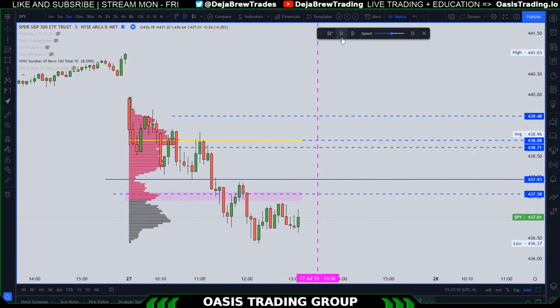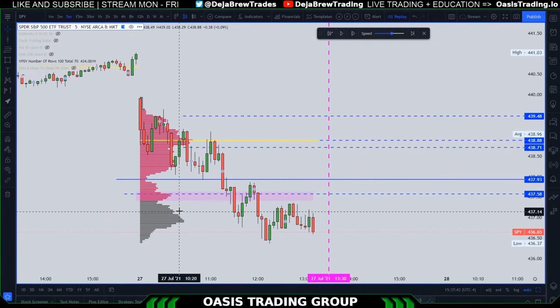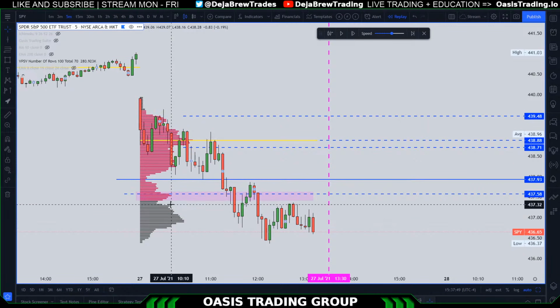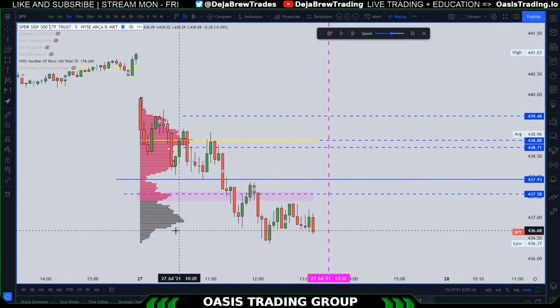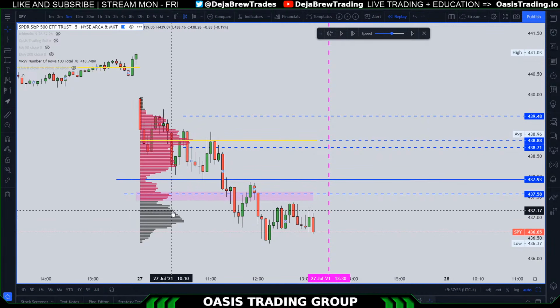All right, let's keep going. So what I was saying earlier, notice how this node is forming. So if you start losing this node, it's very bearish because you found a lot of value here. So if you start to lose this, this is all going to become resistance, right?